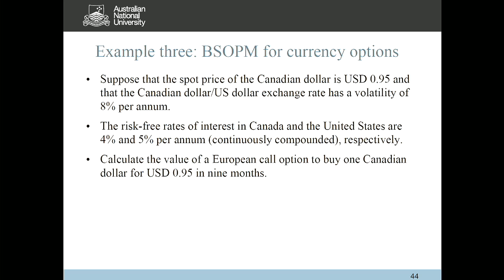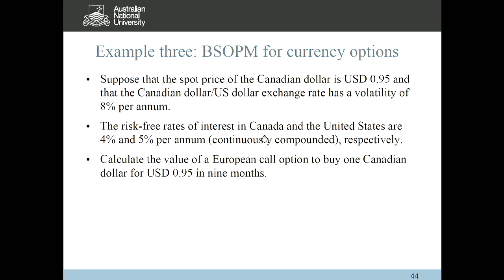And you're going to use 95 cents US dollar to buy 1 unit of Canadian dollar, all right? And that's the spot price. And what else were you told? You were told the Canadian versus US dollar exchange rate has a volatility of 8%. So 8% is continuously compounded.